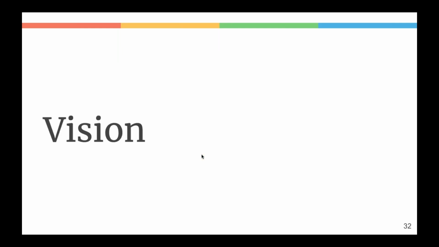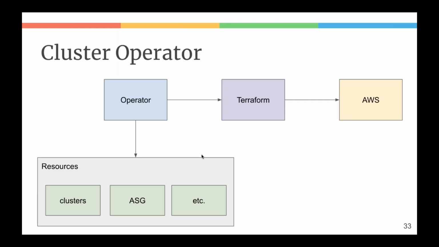Okay, that's all the challenges that we have. Last, I want to talk about what we want to do in the future, the vision. First, we didn't mention any DevOps here, but we currently use Terraform to manage everything, and we also set up a lot of CI jobs to apply the changes.